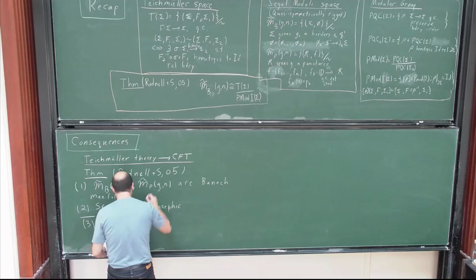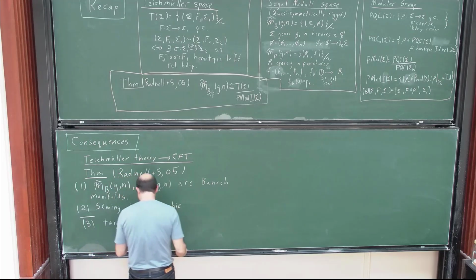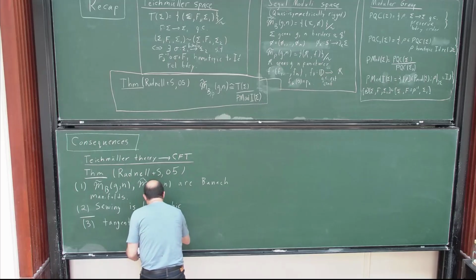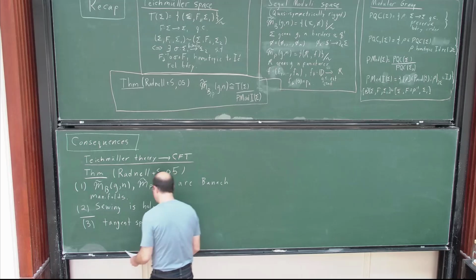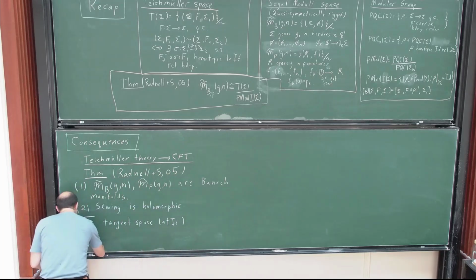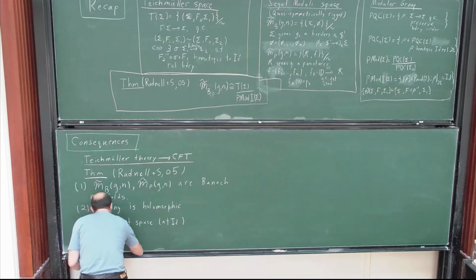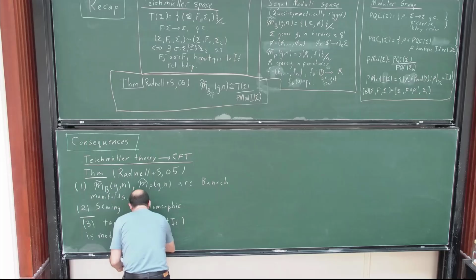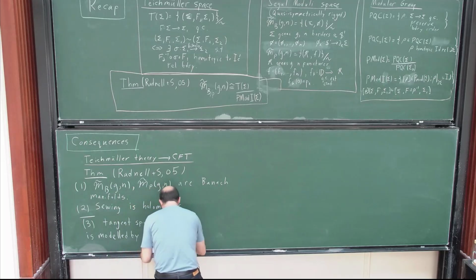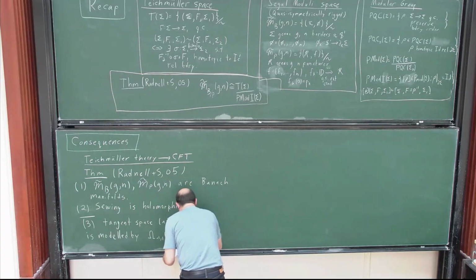It's sort of you get that for free from the first 2 points. Here is what I want to say. The tangent space, and I'll say at the identity, this is modeled by omega minus 1 sigma, and this is a little bit technical.